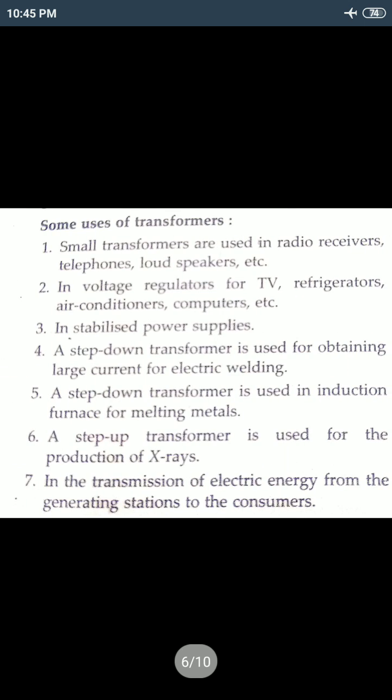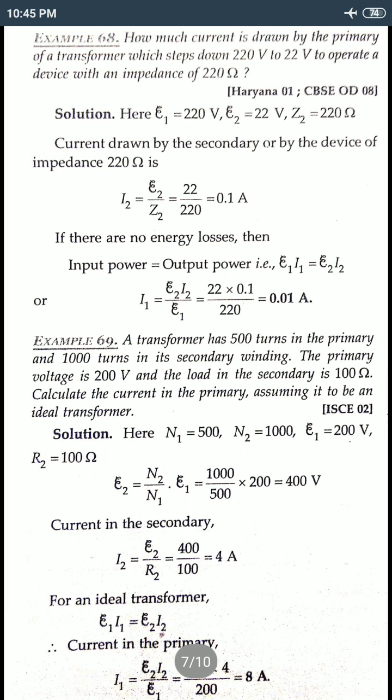All these are written over here. In loudspeakers, telephone receivers, we use small transformers. And these are some numericals related to that expression: E2 by E1 equals N2 by N1 equals I1 by I2. Just go through this.